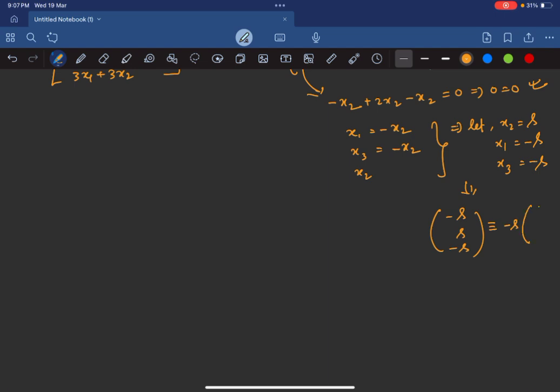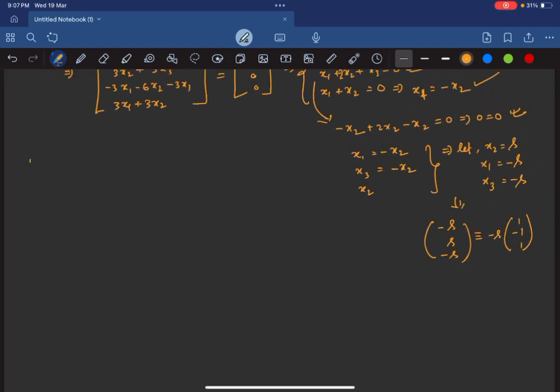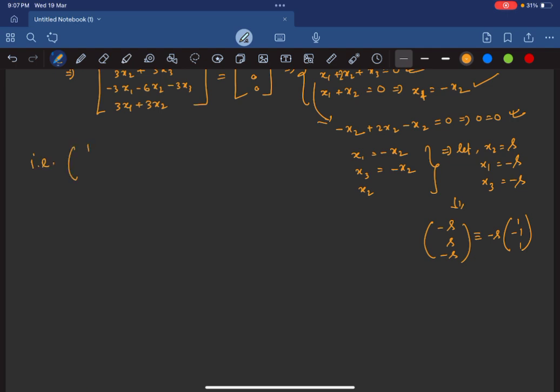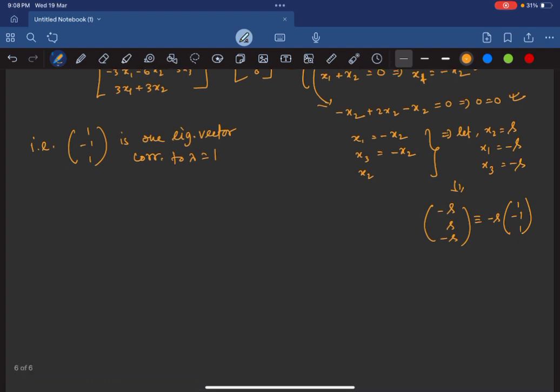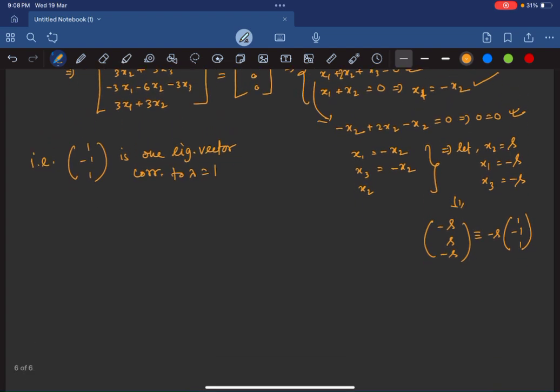Taking minus s common, you get 1, minus 1, 1. Or if you take s common, you get minus 1, 1, minus 1. So for the time being we can take 1, minus 1, 1 as one eigenvector corresponding to lambda equals 1. There is nothing special, you can take s common and minus 1, 1, minus 1 would be one eigenvector as well. Not a big deal.